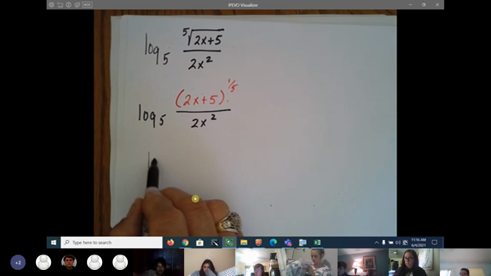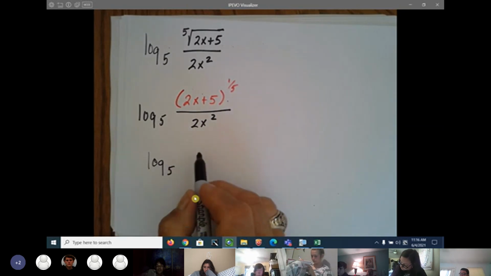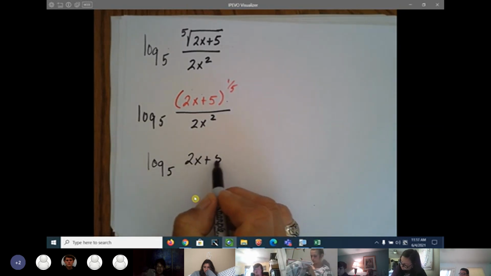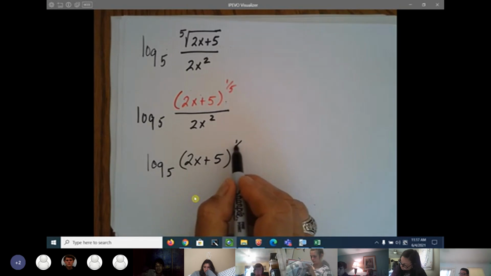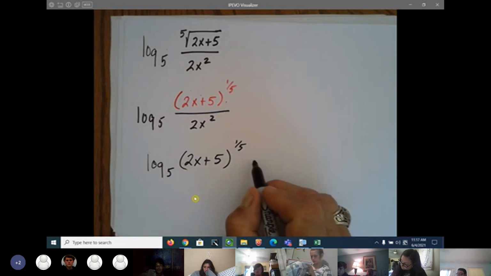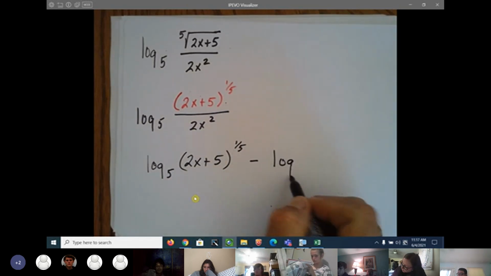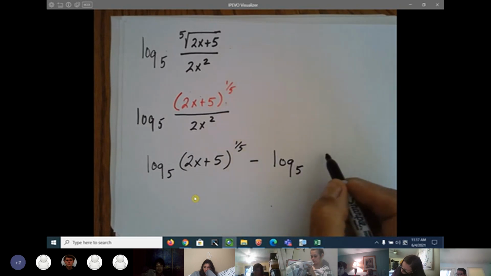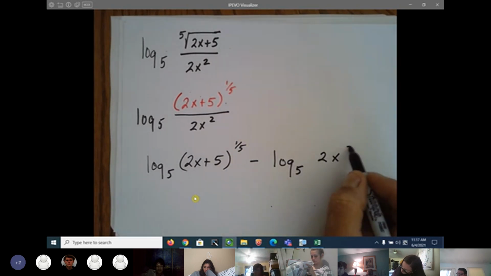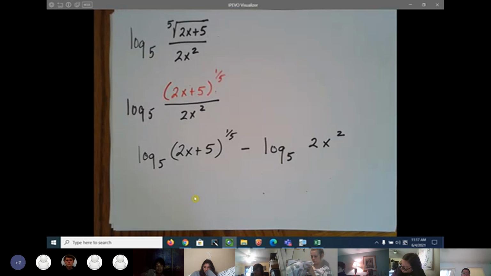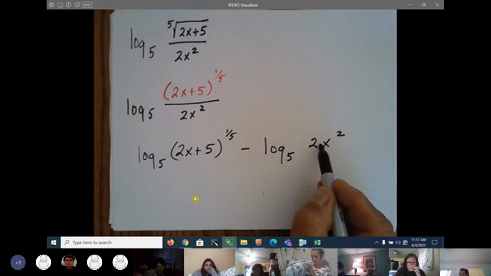So log base 5 of 2x plus 5 to the 1/5 power minus log base 5 of 2x squared. We did one like this in class, because the last step before you use the power rule is to break this guy up.